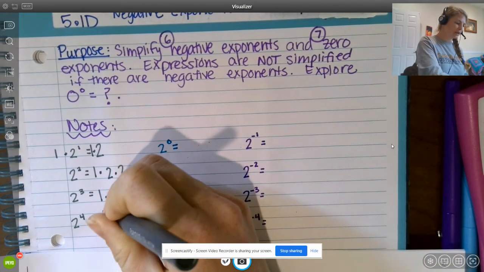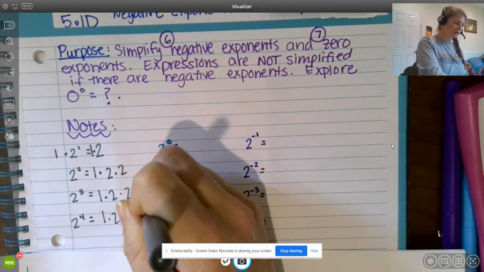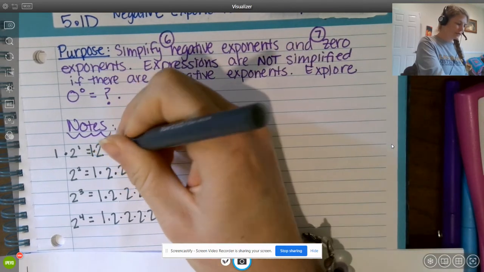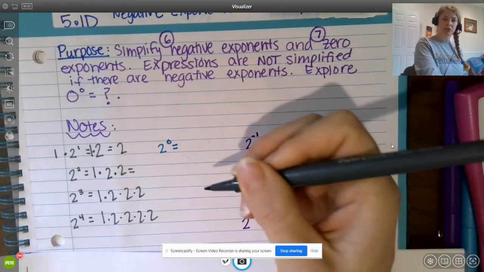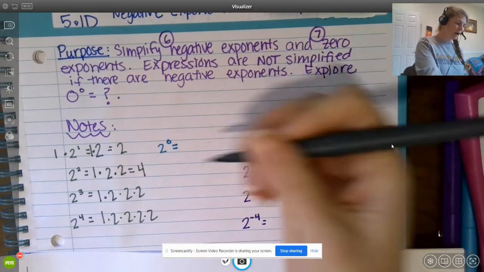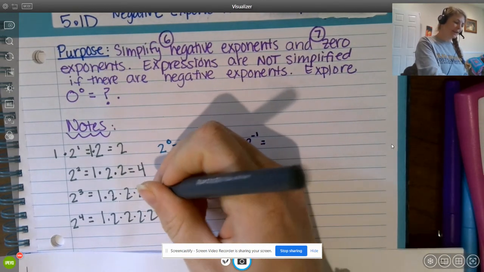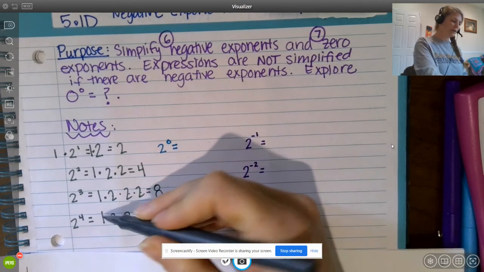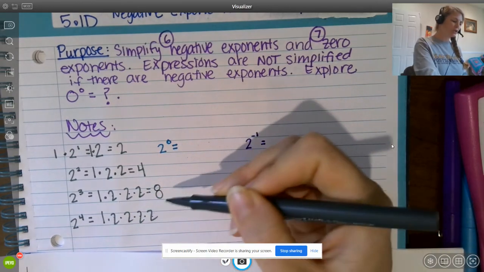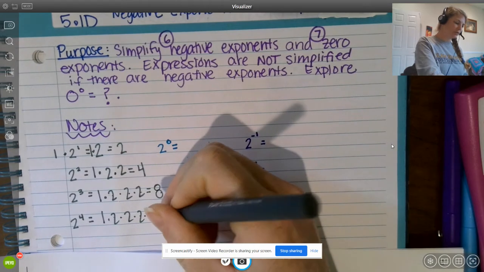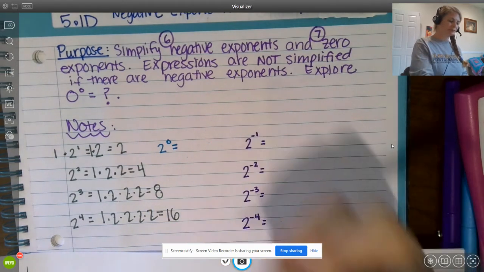And 2 to the fourth, 1 times 2 times 2 times 2 times 2. So 1 times 2 is 2. 2 to the second is 4. 2 times 2 is 4, times 2 again is 8. And 1 times 2 times 2 times 2 times 2, or 8 times 2, is 16.